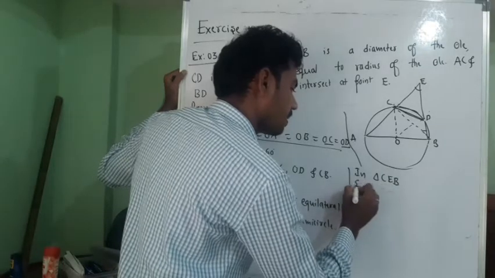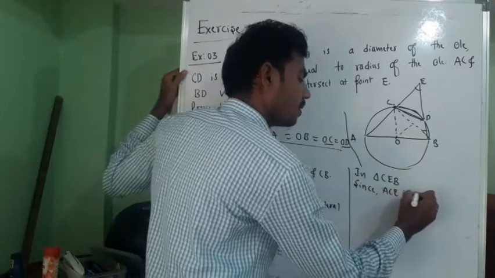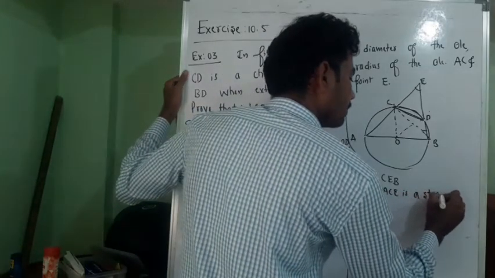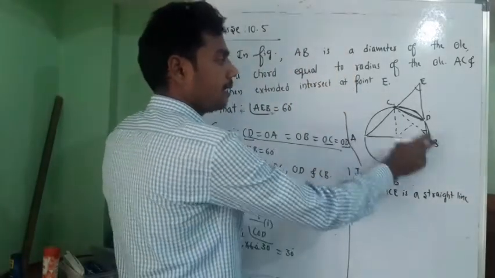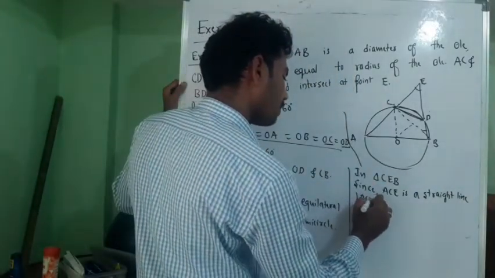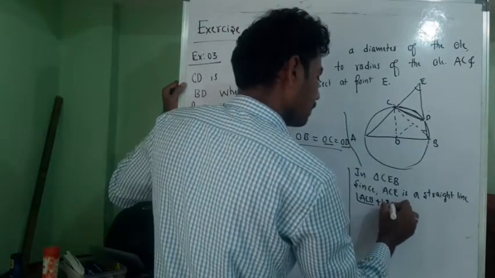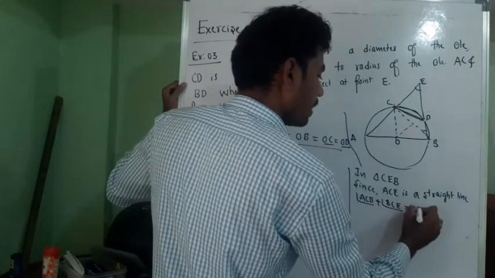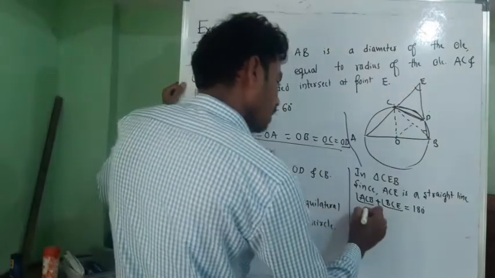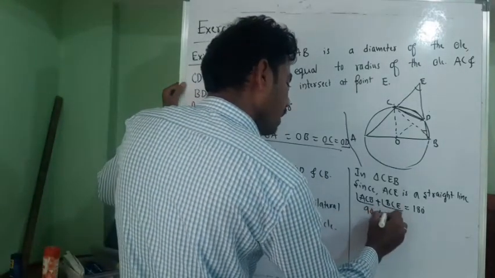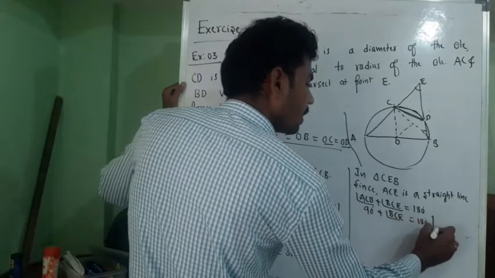Since ACE is a straight line, what we can write, angle ACB plus angle BCE is equal to 180 degrees. Yes, since we know that from 1 this is equal to 90 degrees, 90 degrees plus angle BCE is equal to 180 degrees, we call it from 1.